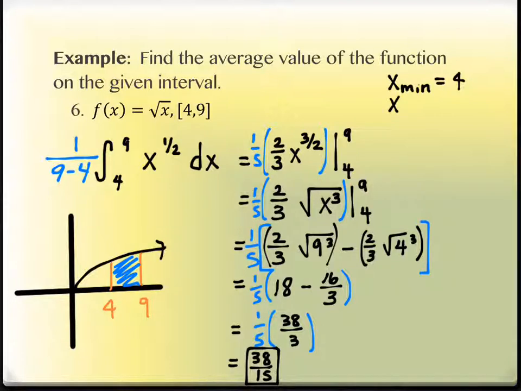Our x maximum will say 9. Our y minimum can be 0. That's the x-axis. And if you really want to see it really well, let's make our y maximum 5. I think that might be easier. And then hit graph. Oh yeah, that's better.